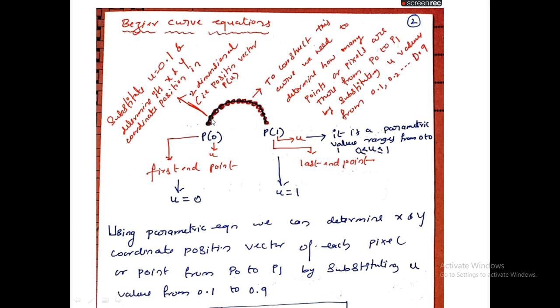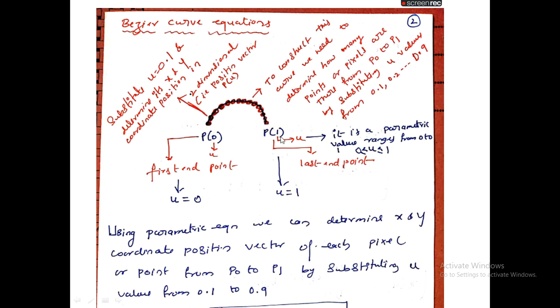This is the second pixel position. Try to see the mouse pointer. Like this, I will substitute u values 0.2, 0.3, 0.4, 0.5, and go on substituting 0.1, 0.2, 0.3 up to 0.9.